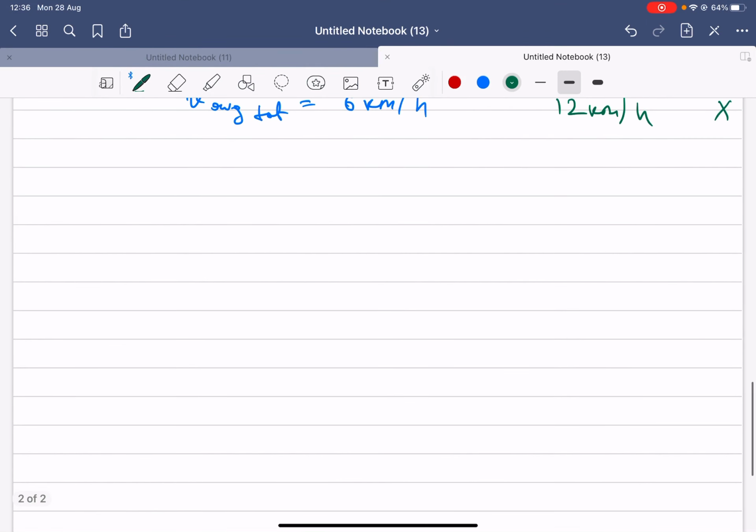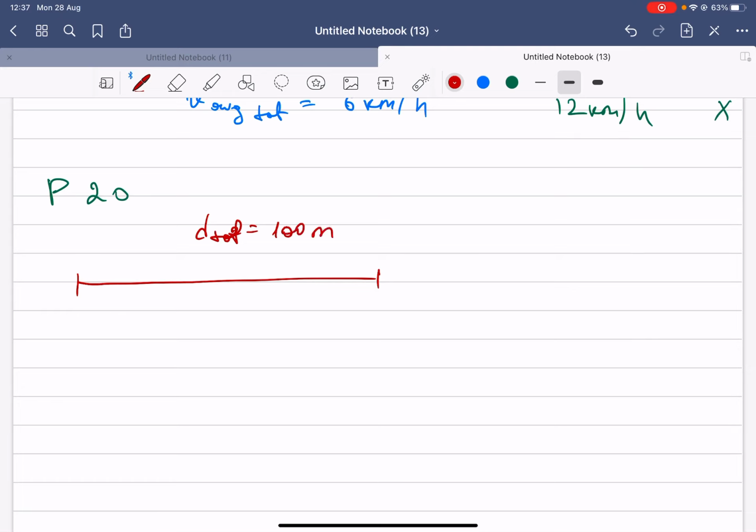So in problem number 20, we have a total distance, d total, which is equal to 100 meters, right?